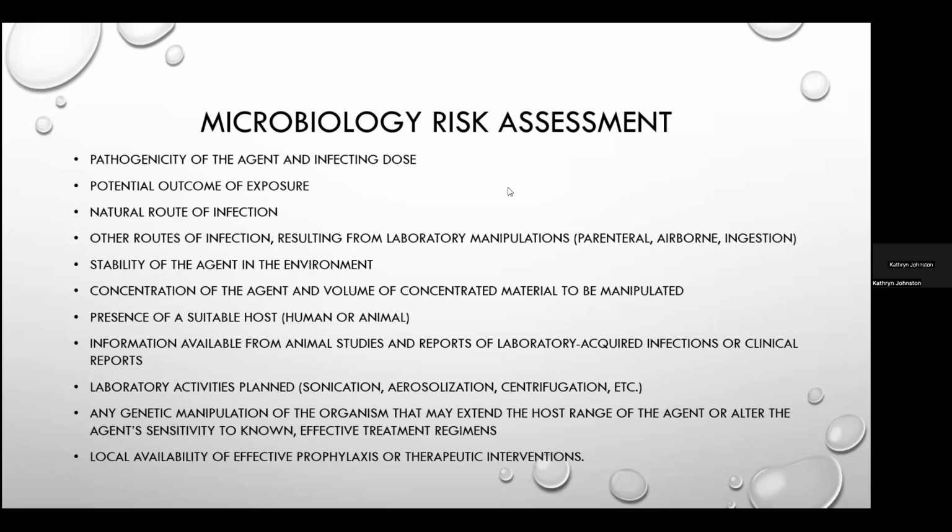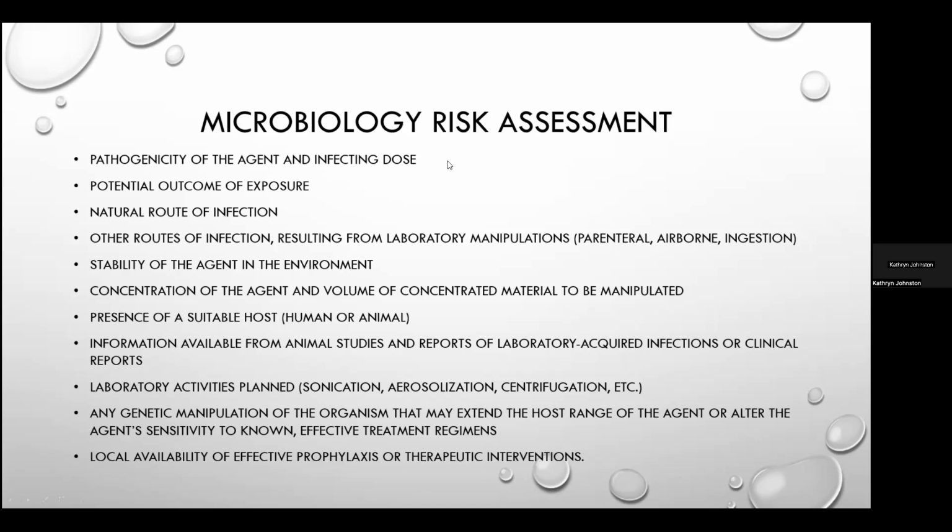Factors to consider when conducting a risk assessment include those shown here, such as the pathogenicity of the agent and the infecting dose. So if you're managing high specimen counts with Shigella, obviously Shigella has a very low infecting dose.